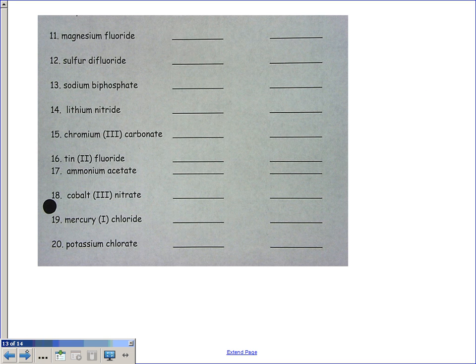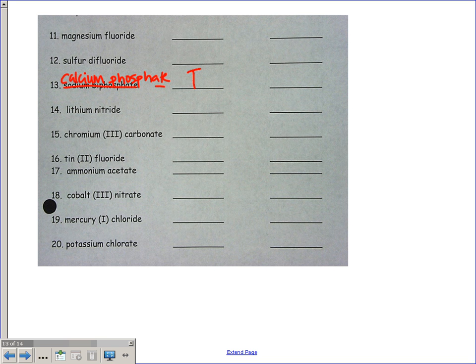The only extra piece is if I had a charge that needed to be distributed to everything. So let's do 13, but let's edit 13 to calcium phosphate. Phosphate is a polyatomic ion, which means it's going to be a tertiary compound.